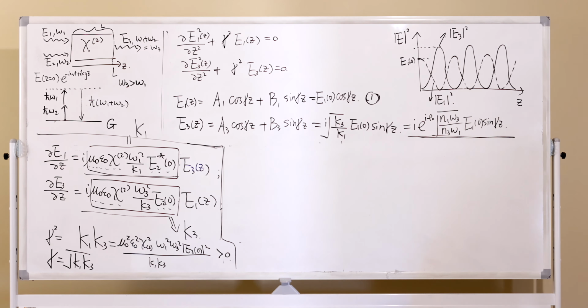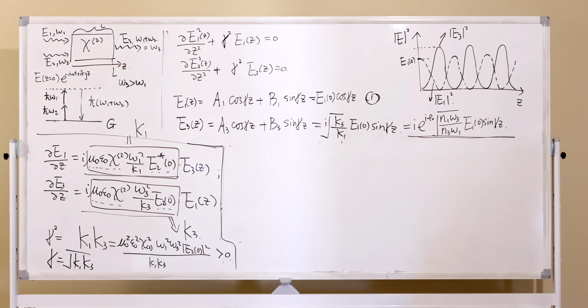Okay, good. As a summary here, what we can see is that whenever you generate an E3 photon, you consume an E1 photon. And then when all the E1 photons are consumed, the process starts to reverse, and you start to convert E3 photons back to E1 photons.